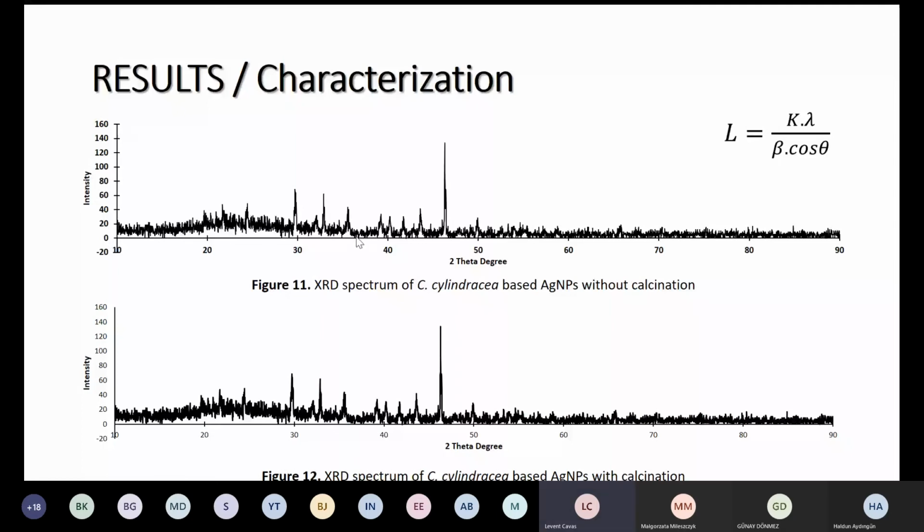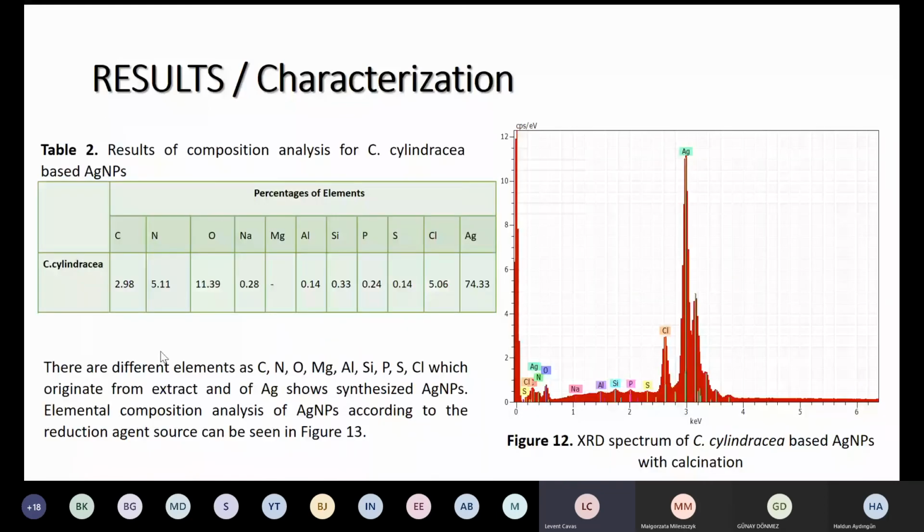The data are well in line with the literature. And we used the Scherrer equation to measure the diameter or size of the silver nanoparticles synthesized. In this slide, you see the composition analysis of the silver nanoparticles produced by using Caulerpa cylindracea biomass. We observed silver as a large amount because we synthesized the silver nanoparticles.